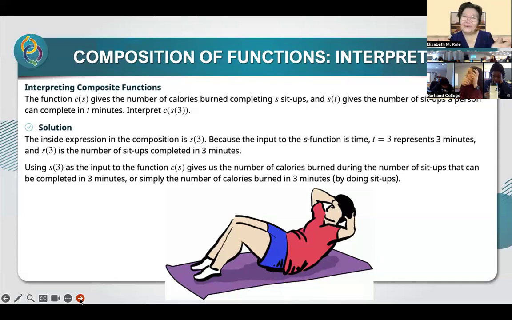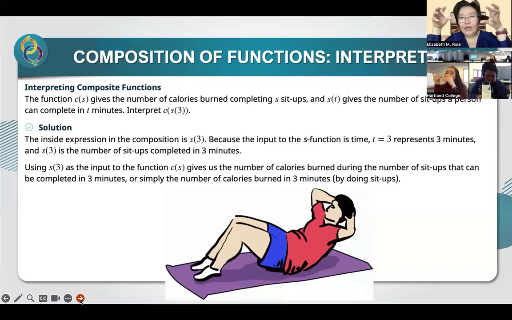Okay, so these are just some examples so that you would know that a composite function is not a very abstract thing; it can be applied in daily situations.